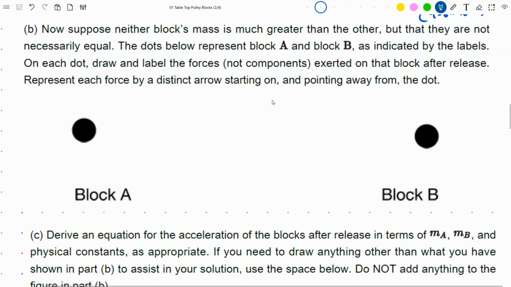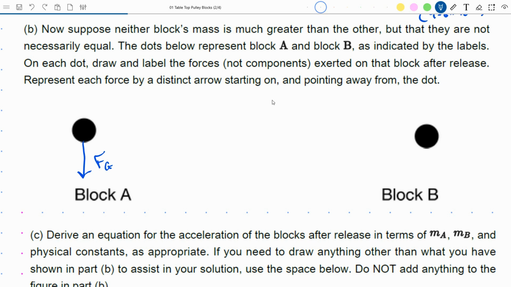Okay, so let me actually go to my diagram and draw that in. So I'll draw a downward force vector, and I will label it the force of gravity. Of course, they're pretty accommodating with the labels that you use, so if you're in a class or using a book that uses slightly different notation, as long as it's anywhere near remotely a common notation, you'd be fine. So I'm using force of gravity, Fg, as my standard notation, but it doesn't have to be that exact same label.